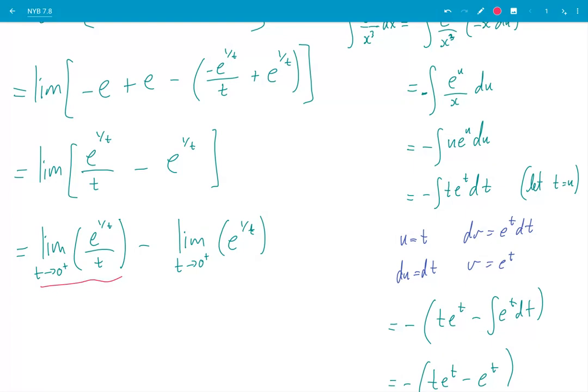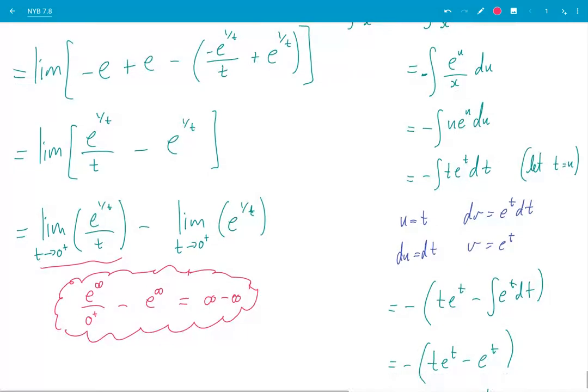We have a thought cloud: e to the infinity over 0 plus, minus e to the infinity, which is equal to infinity minus infinity. Oh, that's not good. That is an indeterminate form.